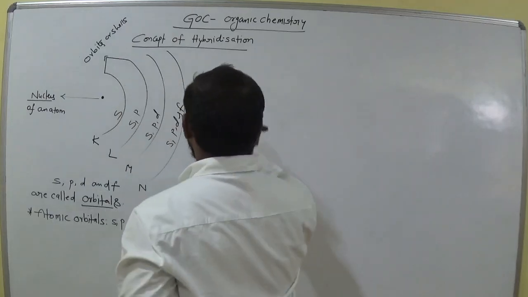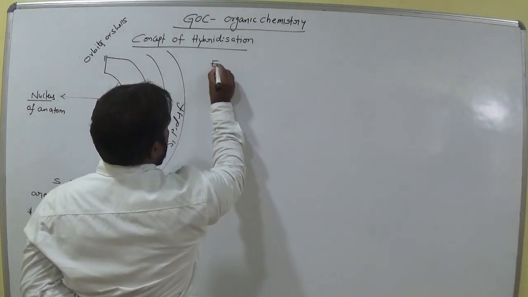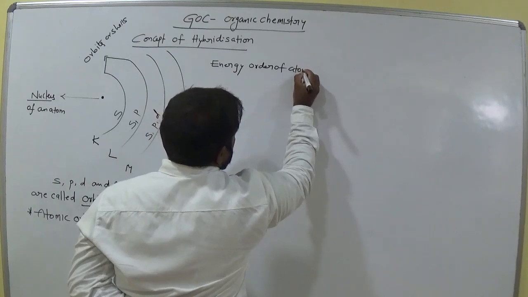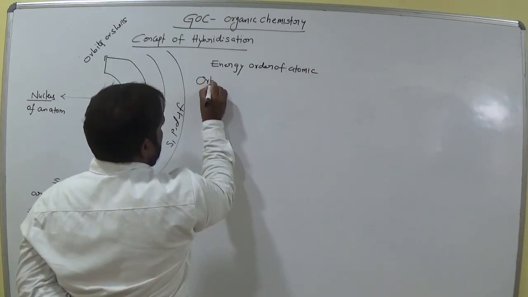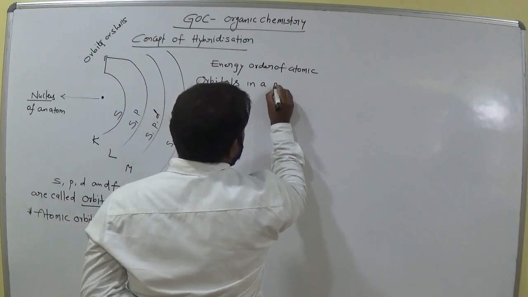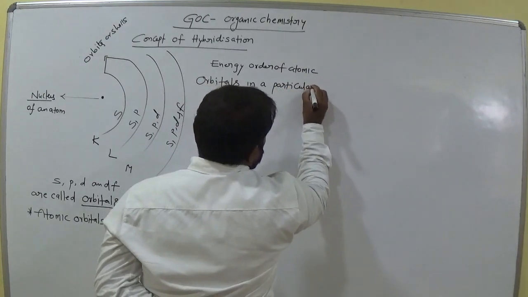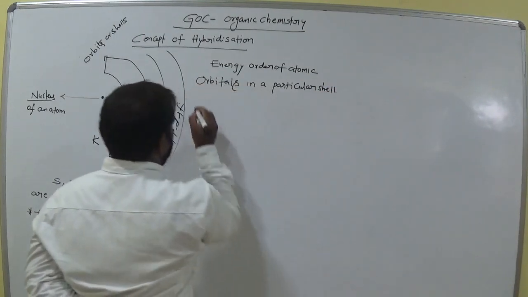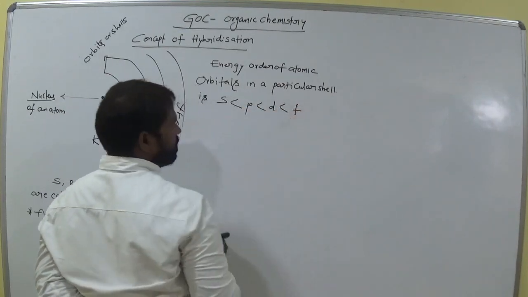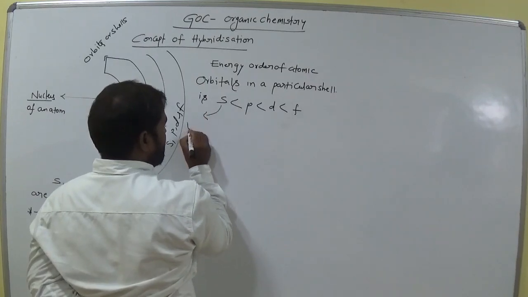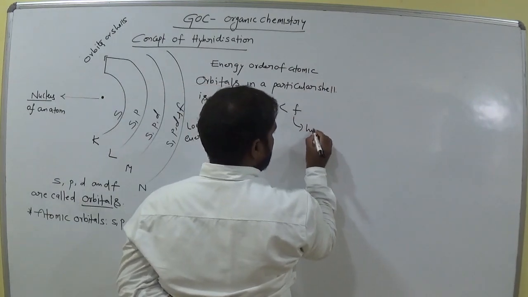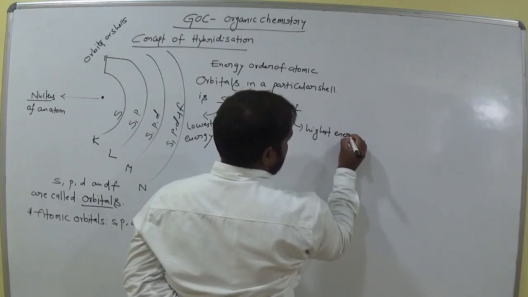Now the energy order of atomic orbitals in a particular shell is S less than P less than D less than F. So that means S has the lowest energy and F has the highest energy.